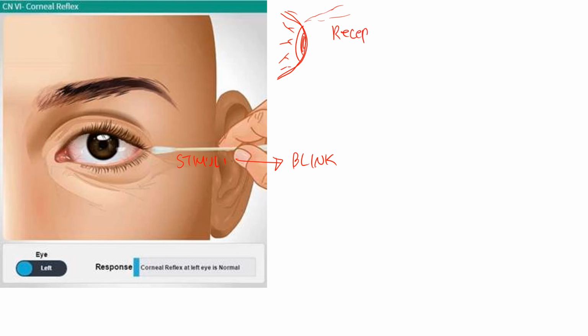Your receptors are your touch receptors or your pressure receptors or your pain receptors in your cornea. Okay? And what cranial nerve is that? Remember, in our last lecture, that is basically your ophthalmic division of your cranial nerve 5.